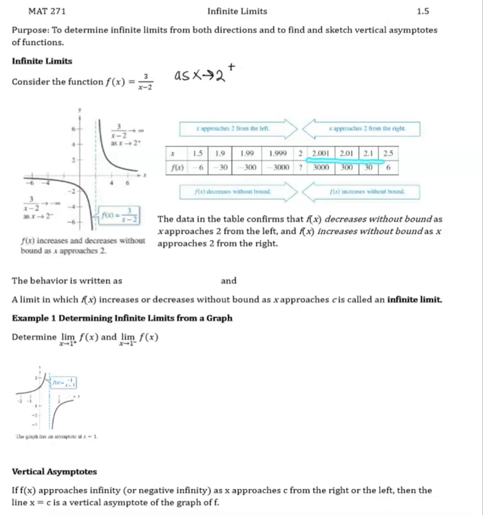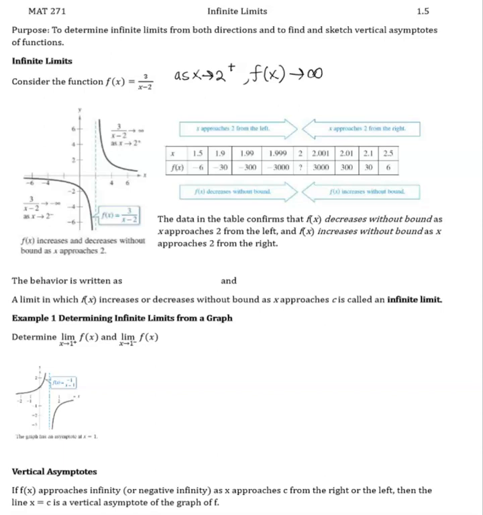Similarly, here in the table, these are values of x that are approaching 2 from the right, and look at what the y values are doing. They're going from 6 to 30 to 300 to 3000. They're increasing without bound. So as we approach 2 from the right, the function is approaching infinity.